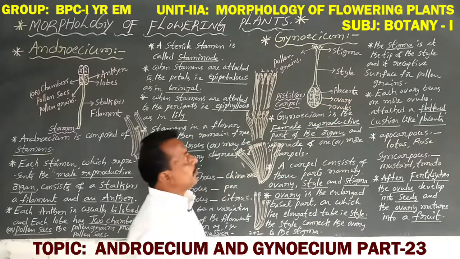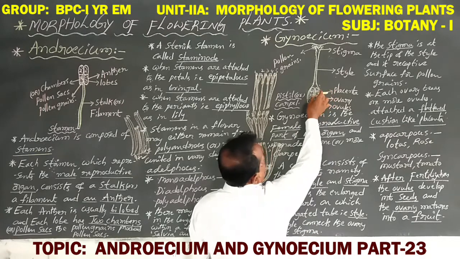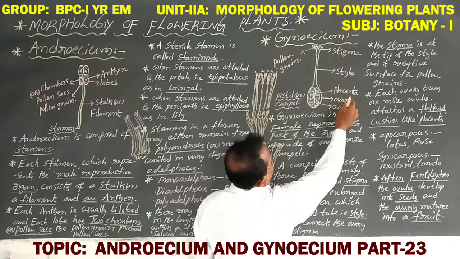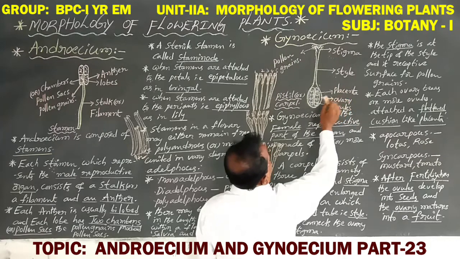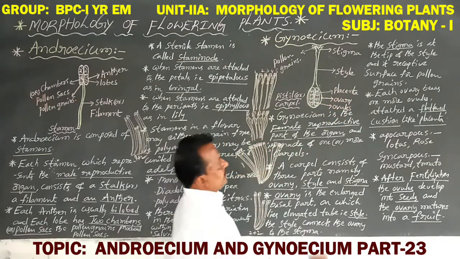Don't get confused over here. This is the ovary, and this flattened cushion-like structure is the placenta, and these are the ovules.